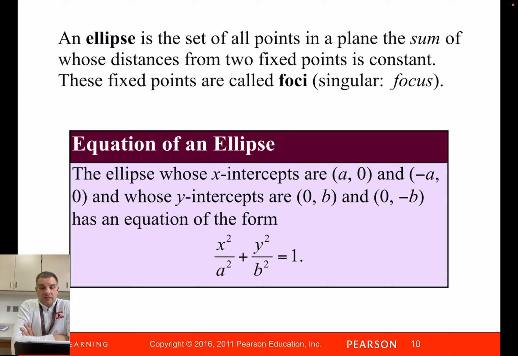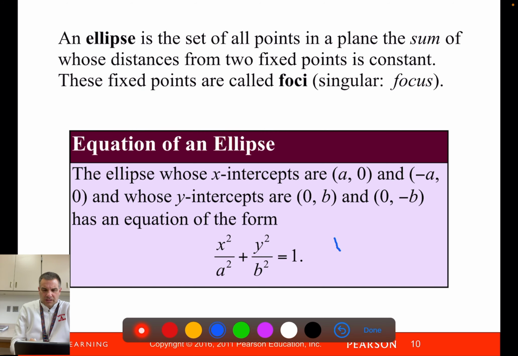The standard equation for an ellipse is x squared over a squared plus y squared over b squared equals 1. That needs to be in your notes, but more importantly, what probably needs to be in your notes is another way to write it: (x minus h) squared over a squared plus (y minus k) squared over b squared equals 1.